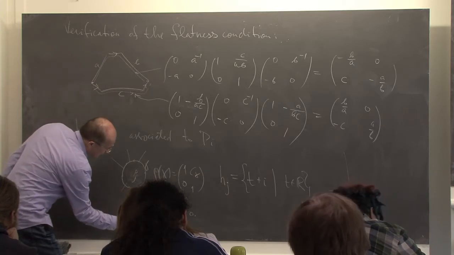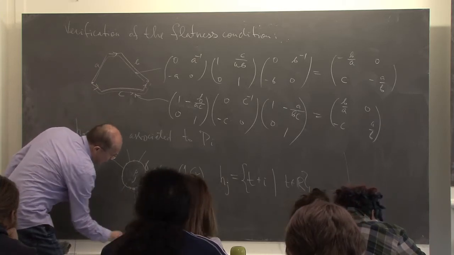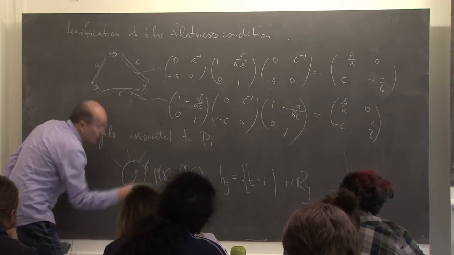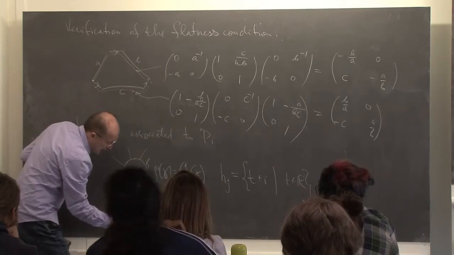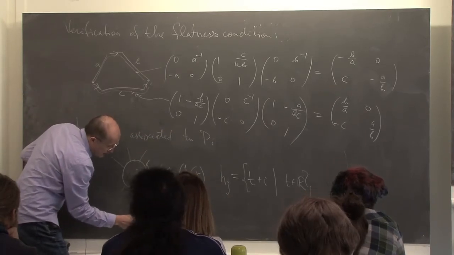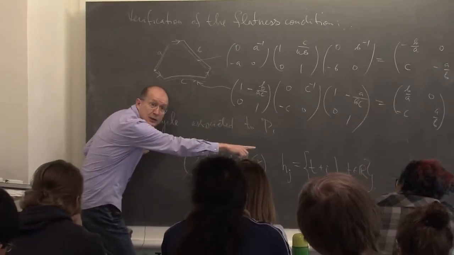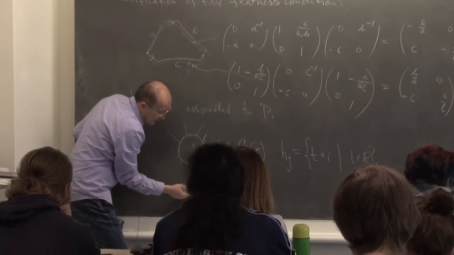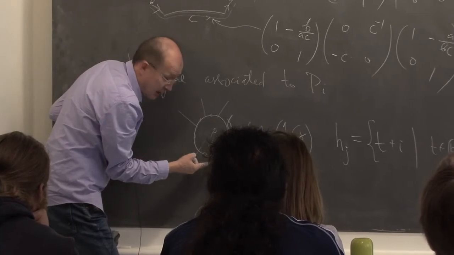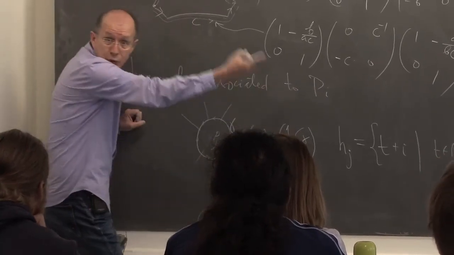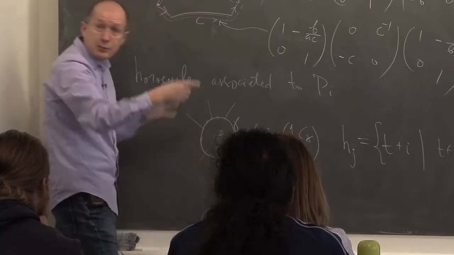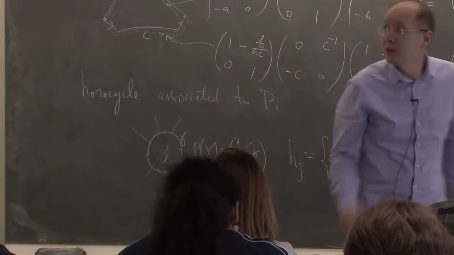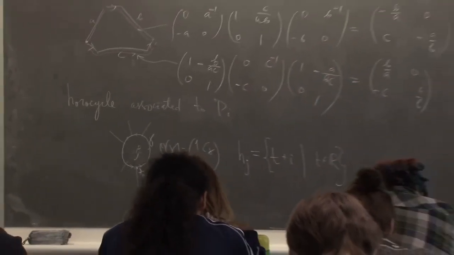Now, if you have another puncture here, then in order to identify the horocycle which corresponds to that puncture, you have another base point with respect to which the horocycle is given by the same horizontal line, but you have to conjugate it by that parallel transport, which relates different base points. In general, you will change your horocycle by applying this parallel transport, so it will be something else. Okay, so that's as concerns the first part.